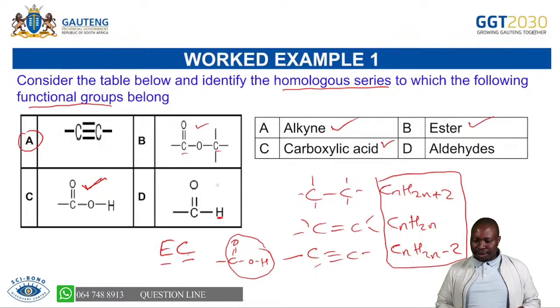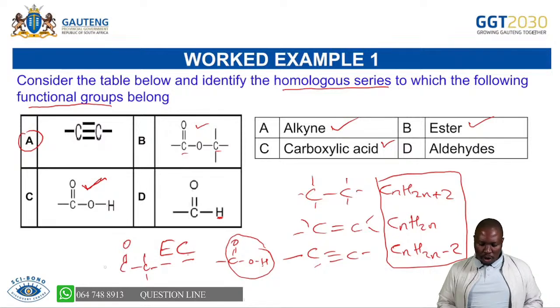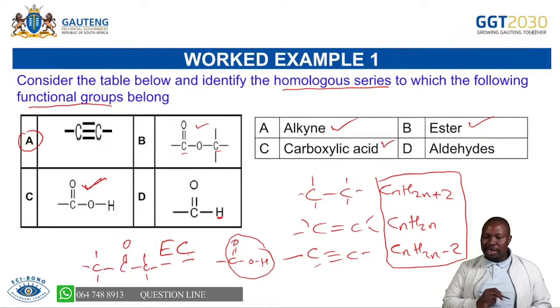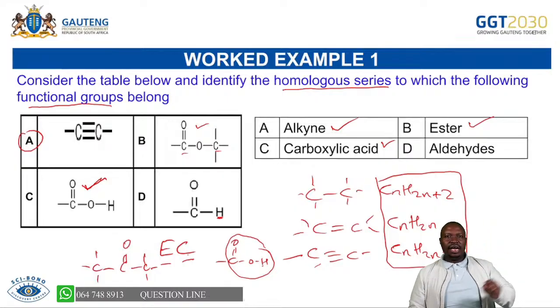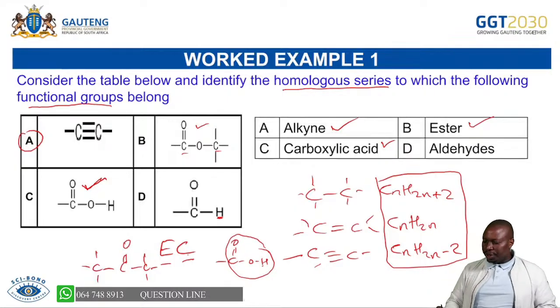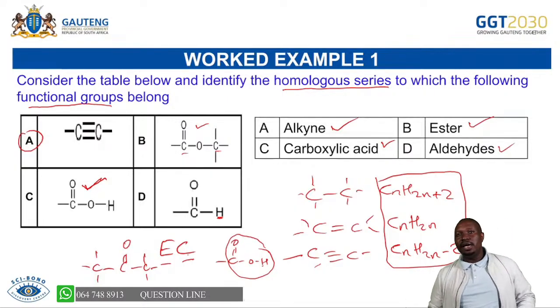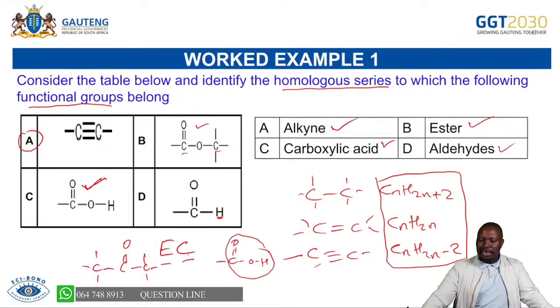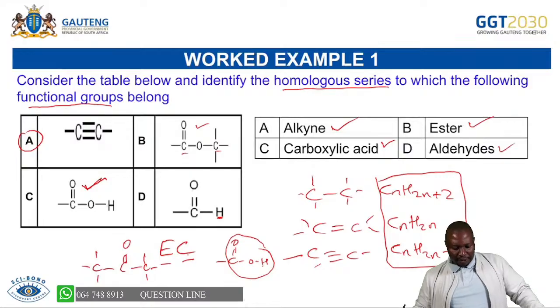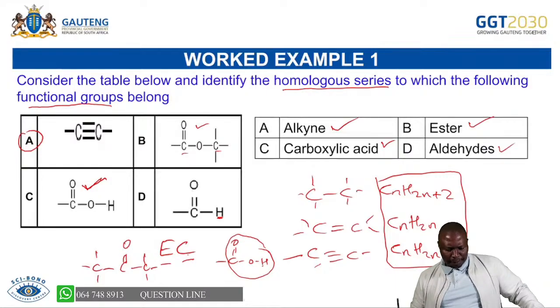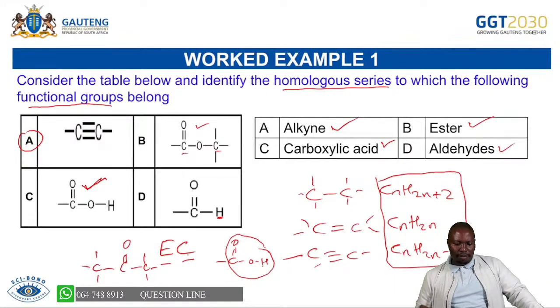Remember, for ketones, we said the C double bond O must be surrounded by 2 carbons around it. Please have that as your knowledge. I'm telling you, if you have this foundation and you are singing it, come the questions, we will be collecting all the marks. So that is an aldehyde. It's not a ketone, because for a ketone, the C double bond O must be surrounded by 2 carbons. Now we are able to move.